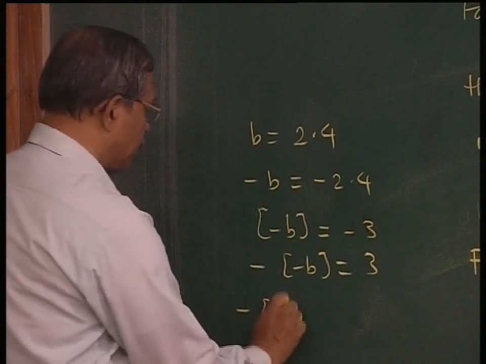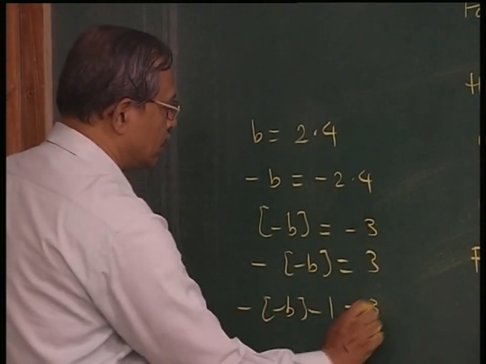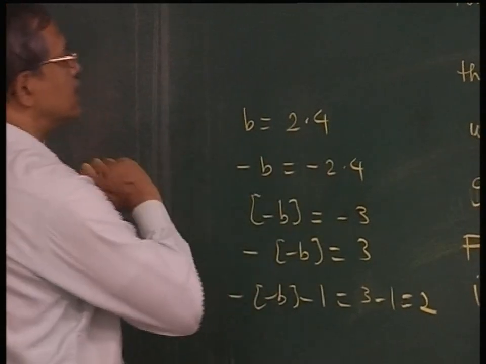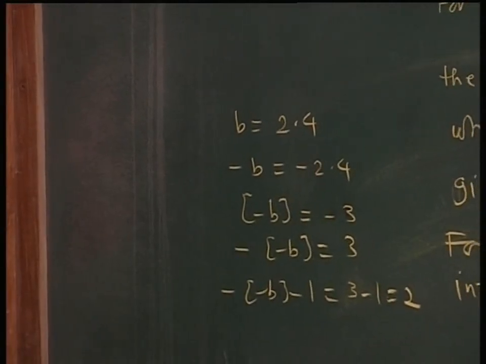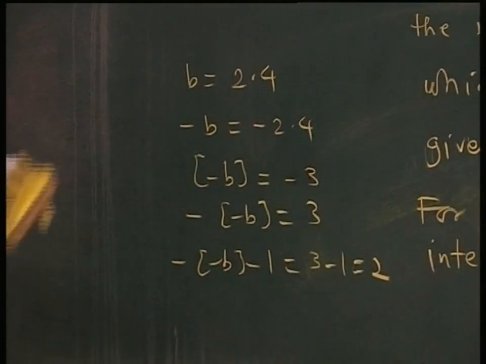So minus integral part of b minus 1 is equal to 3 minus 1 equal to 2. This is the integer to the left of the number b equal to 2.4.